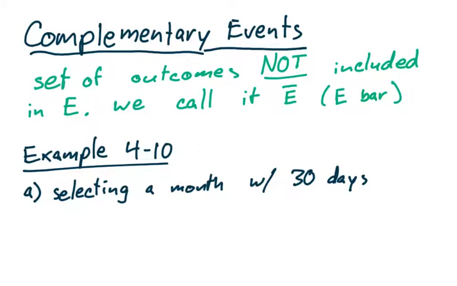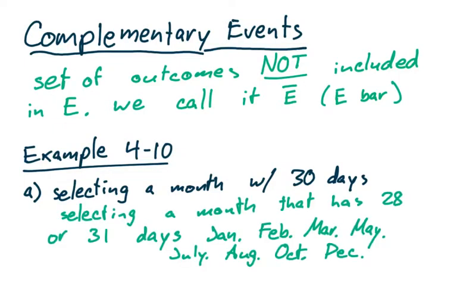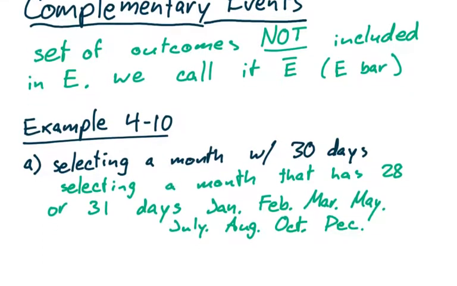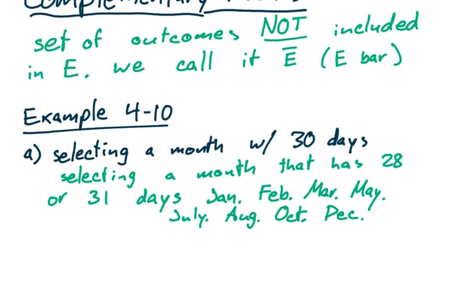So the complement of that would be selecting a month that does not have a total of 30 days, so that has 28 or 31 days. So I always remember the months that have 30 days. 30 days is September, April, June, and November. So there's 4 months. The complement of selecting one of those months would be selecting any of the other 8 months of the year.